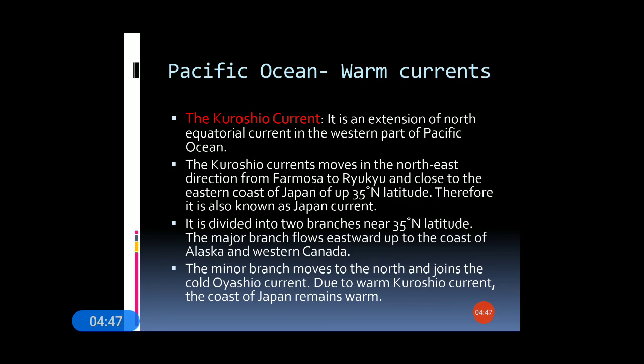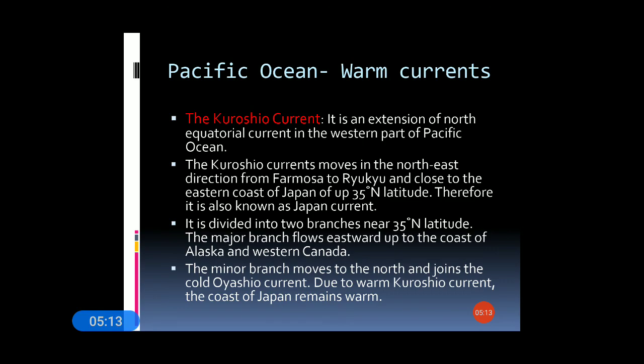The Kuroshio current moves in the northeast direction from Formosa to Ryukyu and close to the eastern coast of Japan, up to 35° north latitude. Generally this current moves northeast due to the deflection in the western extent, or due to the existence of the landmass.